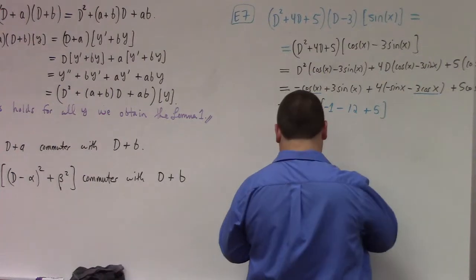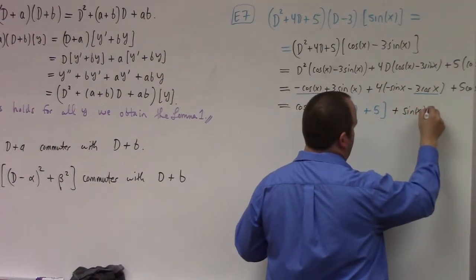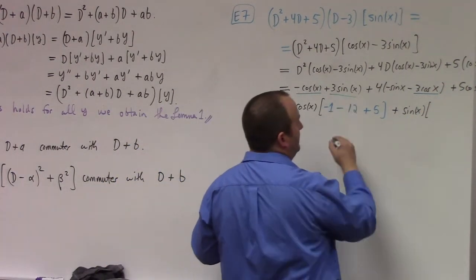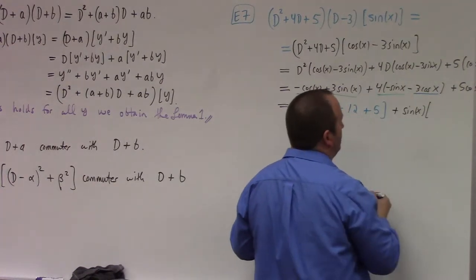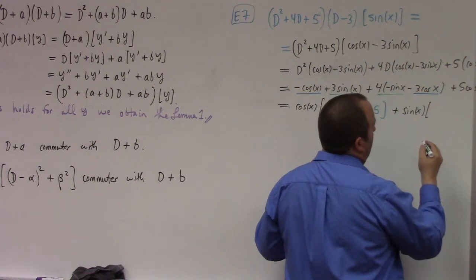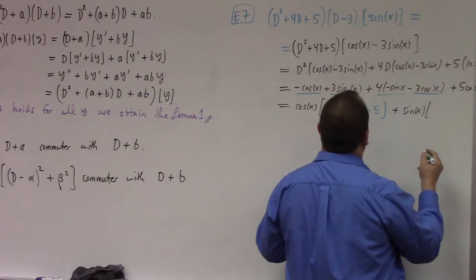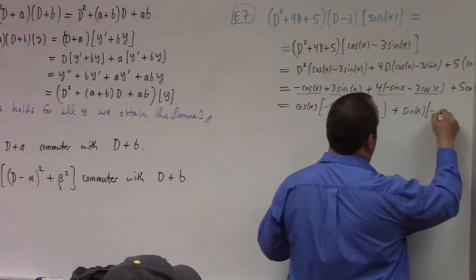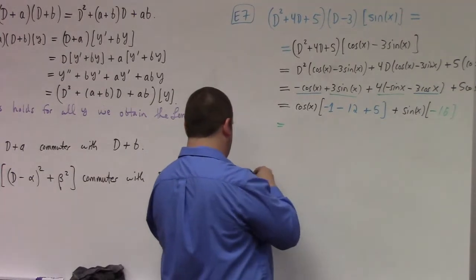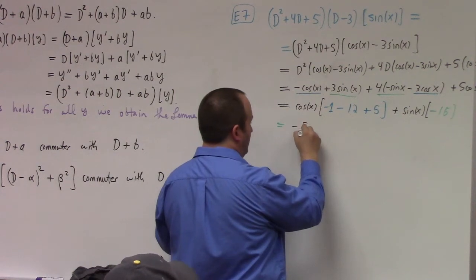So minus 8 cosine, and then plus sine of x. How many of those do we have? 3 of them here, minus 4 of them there, minus. I think I got minus 16. In total, to summarize, we get minus 8 cosine x.